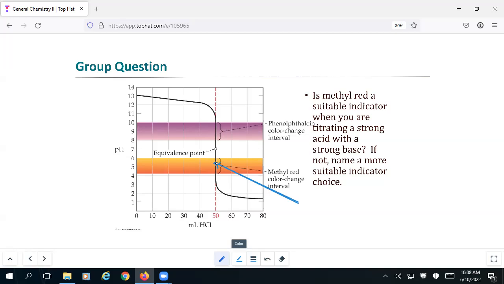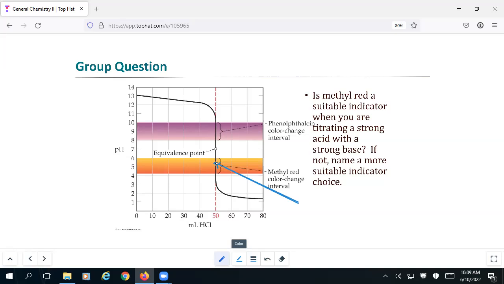From a milliliter standpoint, how far apart is that blue dot from the actual equivalence point? Not really very far at all. We're talking about fractions of milliliters, most likely.